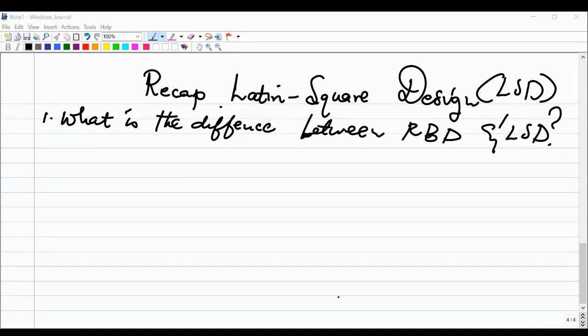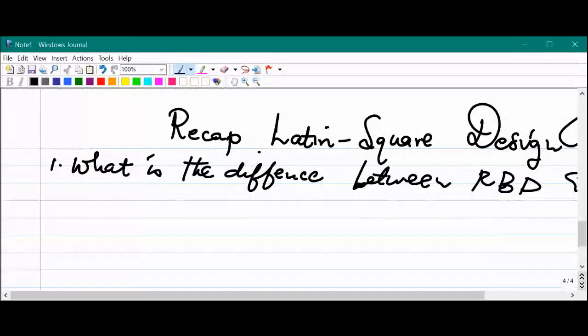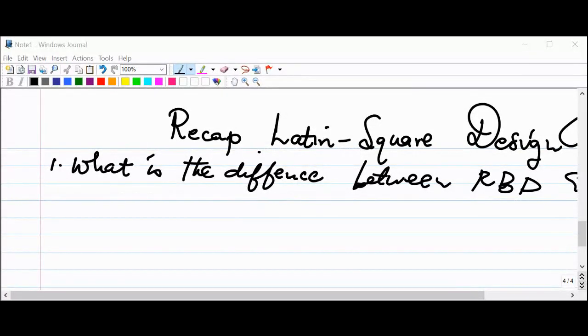Class rep? Yes. Latin square has more than 2 factors, and the randomized block design only has 2 factors.